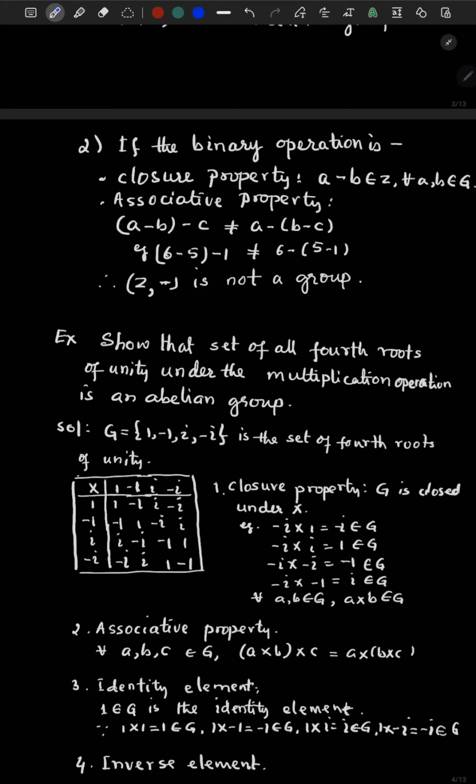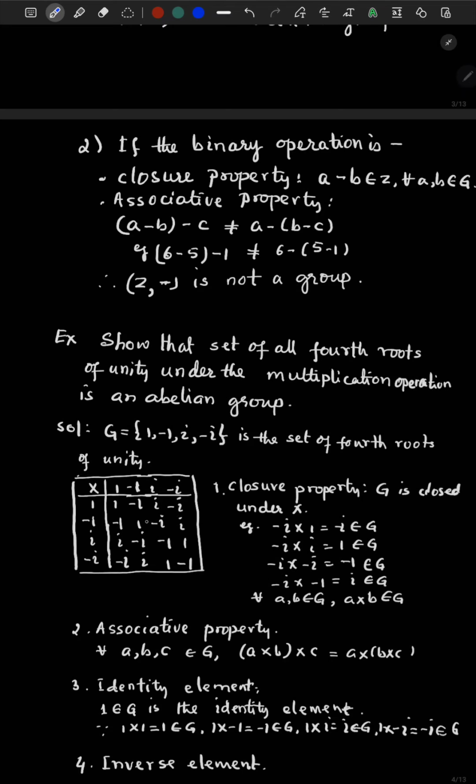And in the first row, here we have written 1, minus 1, i, minus i, all the elements of G on the top row and in the column. Then multiplying 1 by 1, we get 1; 1 into minus 1 is minus 1, 1 into i is i, 1 into minus i is minus i, minus 1 into 1 is minus 1.